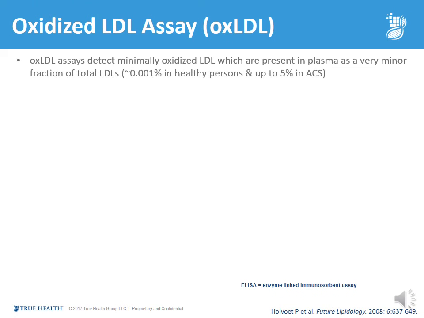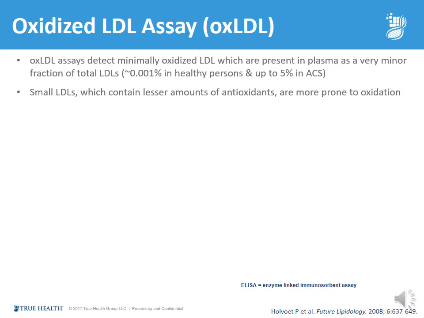Let's talk about the assay for oxidized LDL. It's not widely known, but these assays detect minimally oxidized LDL particles, which are actually present in plasma as a very minor fraction of total LDL particles. As you can see, they're virtually non-existent in healthy persons, but they can be up to 5% of total LDLs in patients experiencing acute coronary syndrome.